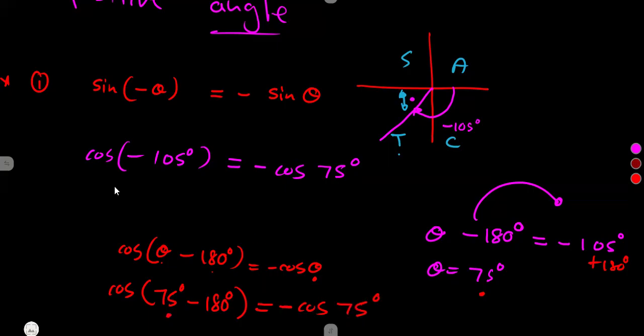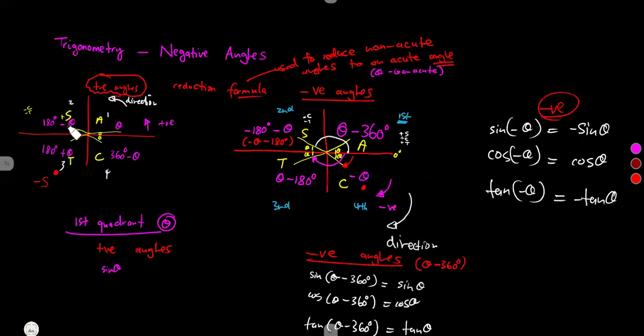So this is it. Reduction formula is in your hands, the way that you want to have it is in your hands. So let's do as many questions as we can. Try to work out from your question papers where the reduction formula is needed. It can be in terms of positive or negative angles.